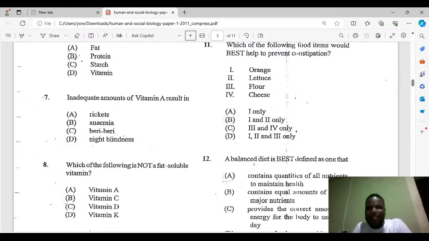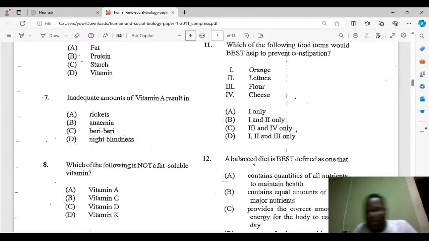I'm seeing B, that's saying orange and lettuce. Orange and lettuce. The boy should not eat cheese when constipated. I want to stick with B. Flour and cheese will not help, not true.